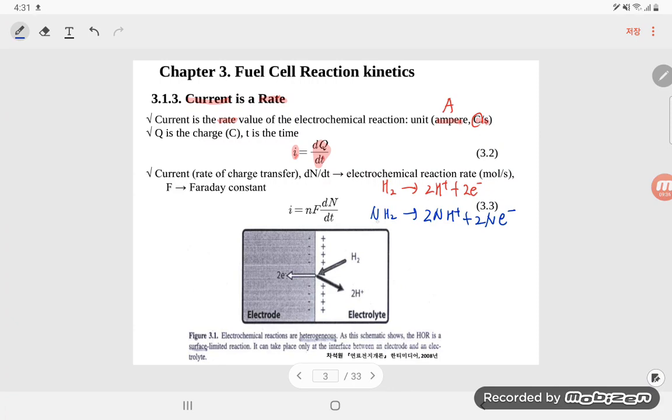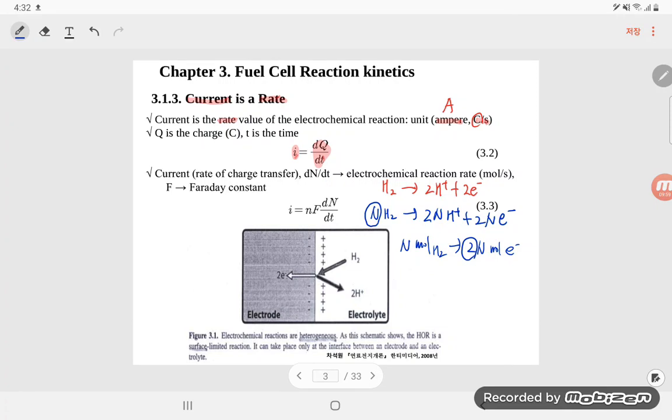So that means if we react n moles of H2, then we can generate 2n moles of electrons. And what is this one?